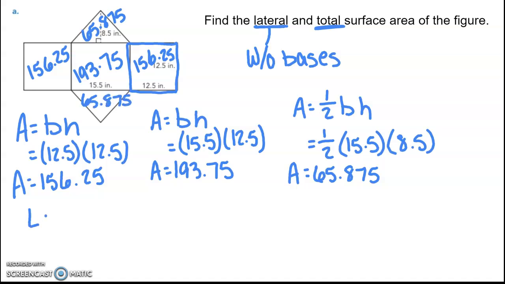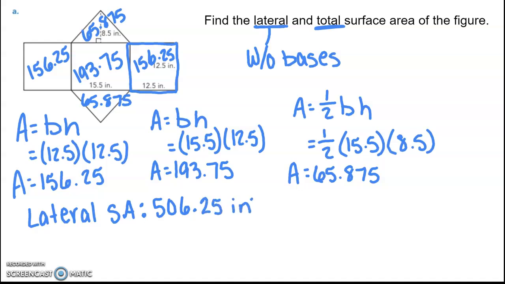Now I'm going to find the lateral surface area. Remember, that is without the bases. The bases here are the triangles. So I'm just going to add the three numbers across the middle. Add the three rectangles. Go ahead and do that now. When you added, you should have gotten 506.25, and that is inches squared.